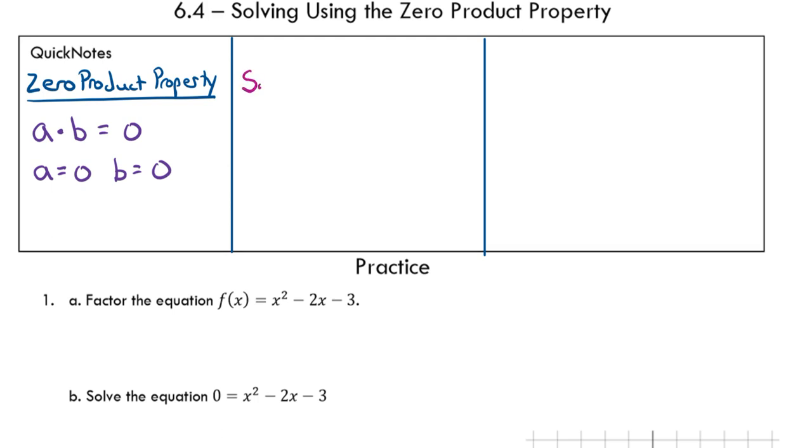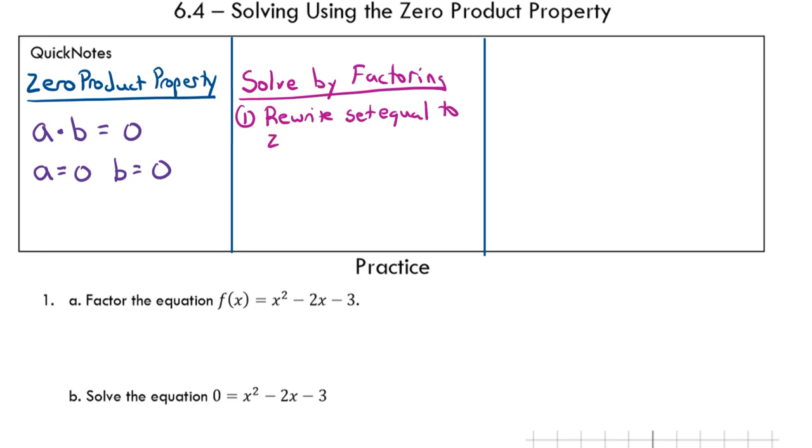Next, we looked at solving by factoring. To solve by factoring, what we want to do is always make sure that we rewrite the equation set equal to 0. The zero product property only works if we're set equal to 0.